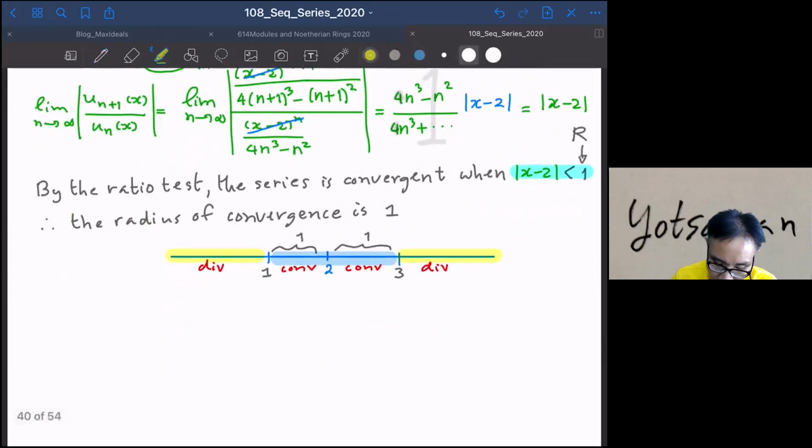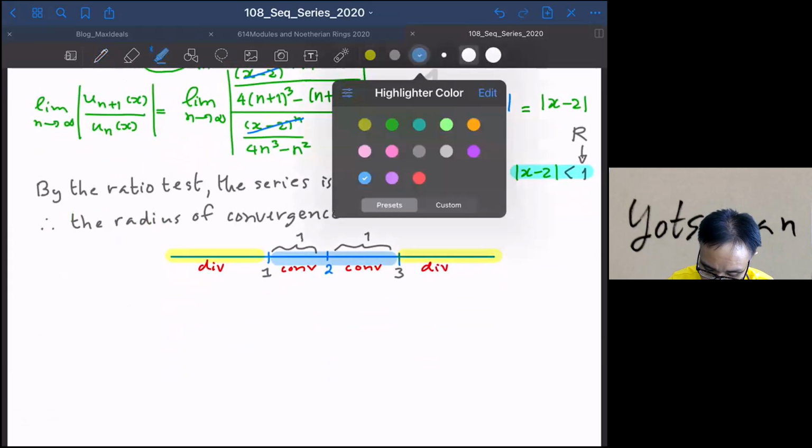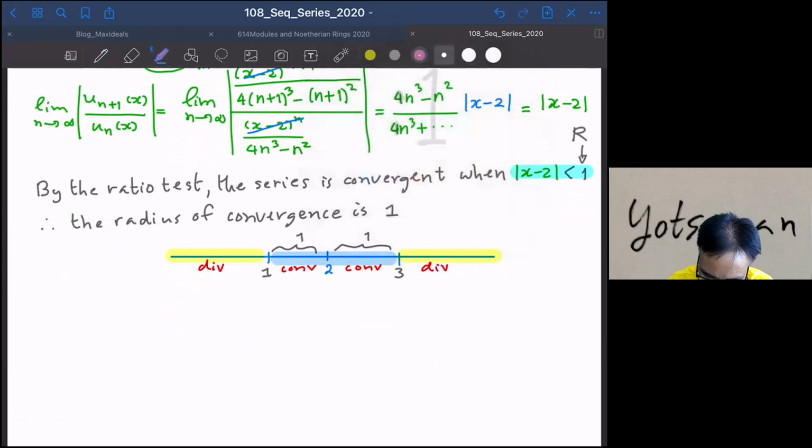However, we don't know about the convergence or divergence at 1 and 3. So when you are dealing with these 2 points, at 1 and at 3, we're going to have to work on them separately.